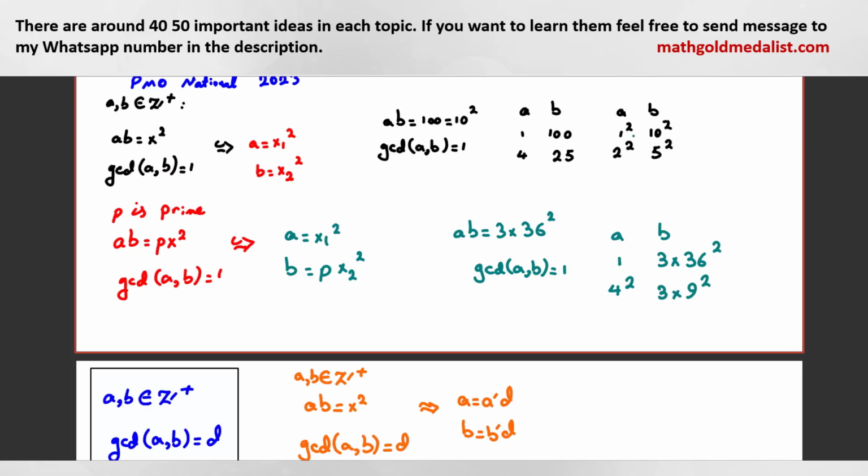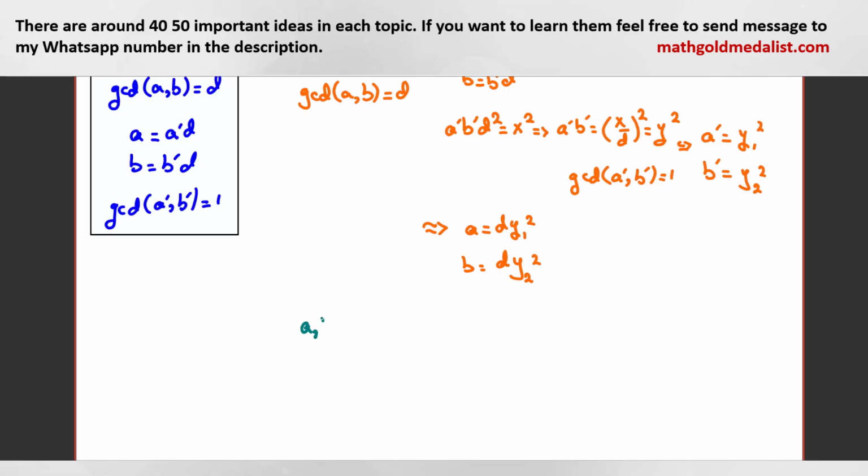And if you write also for this case, here we can say without loss of generality, because also a can be p times a perfect square, b a perfect square, right? Okay, now for this case also, if a and b are positive integers, and ab is p times x squared, p is prime, and GCD of a and b is d. So can you tell me, we can conclude what? Can you guess?